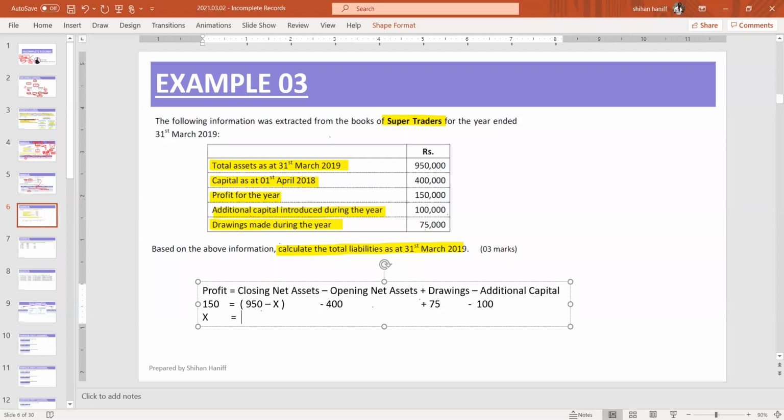Then the right side we have 950 minus 400 plus 75 minus 100. 525 minus 150. Then the answer X equals 375 is the answer.